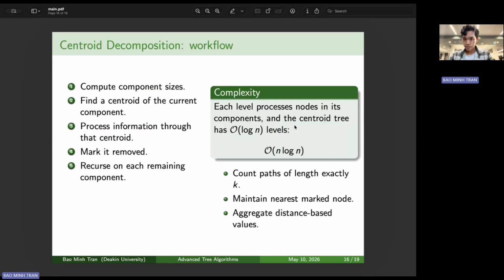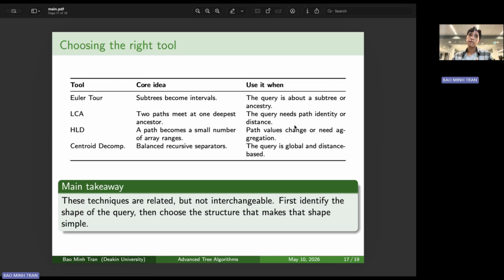So that's it. To sum up here, we have 4 algorithms. Each of them provides its own set of tools for different problems. They sound related. Indeed, heavy-light and centroid can use LCA, Euler tour, and LCA uses Euler tour. You see, they're all connected, but they serve different purposes.